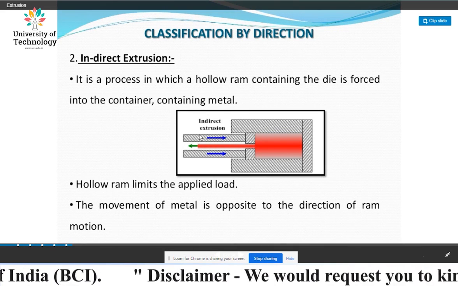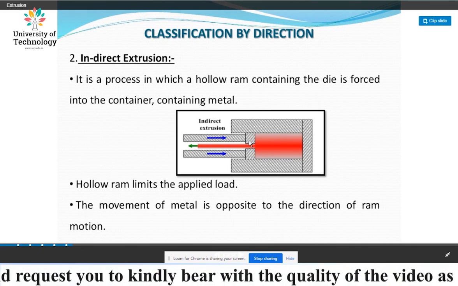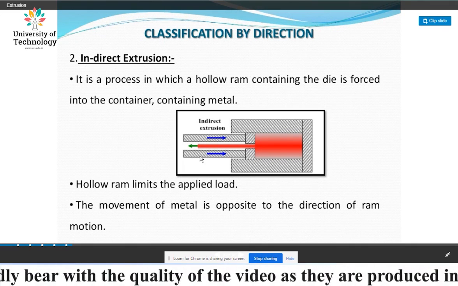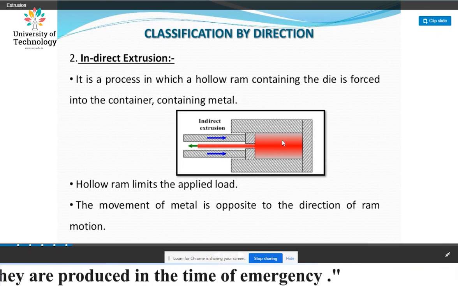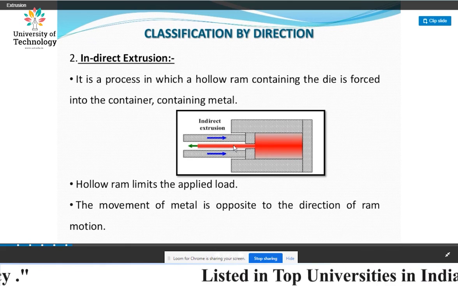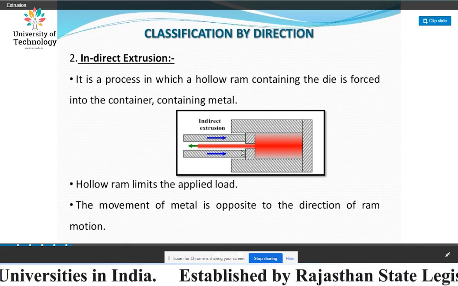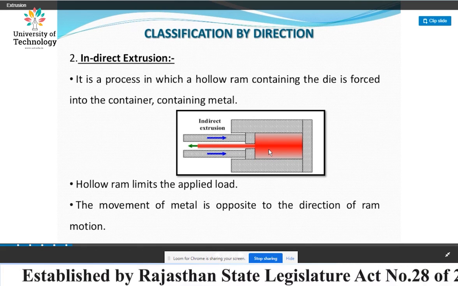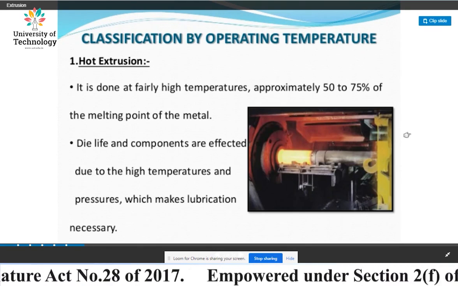In indirect extrusion, that is the ram, which applies an axial force on the billet inside the container, and the extruded product runs out in the direction opposite to the force direction. That is the basic phenomenon of the indirect extrusion process.